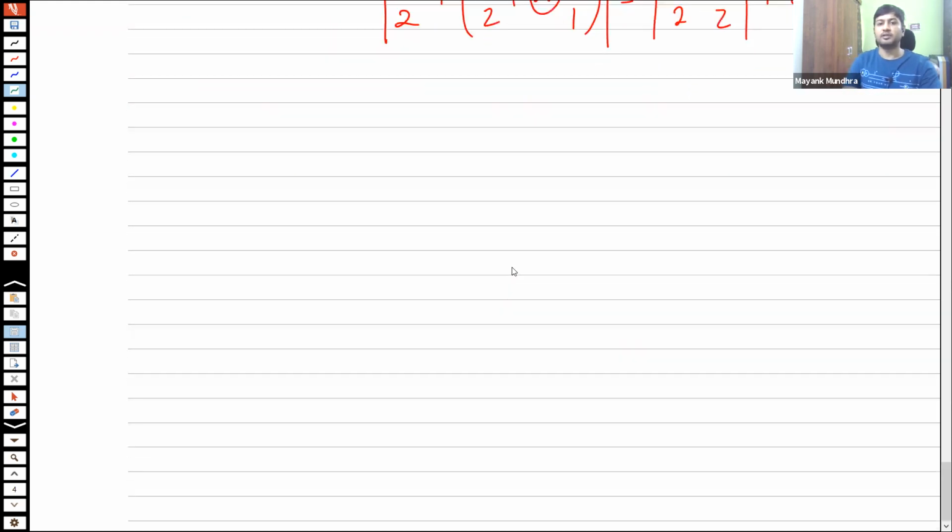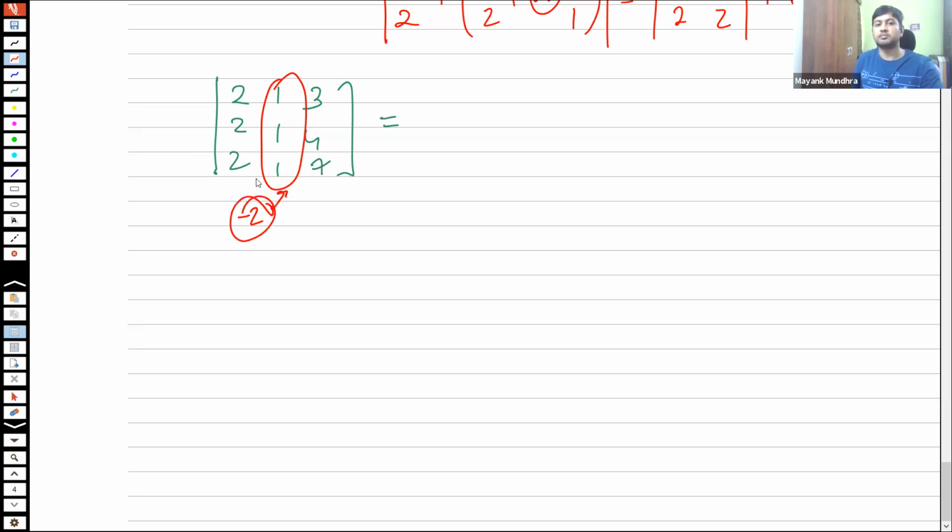For example, I have the matrix 2, 2, 2, 1, 1, 1, and 3, 4, 7. I can take minus 2 times of this row and add it here. So what I'll get is 0, 0, 0, 1, 1, 1, 3, 4, 7.